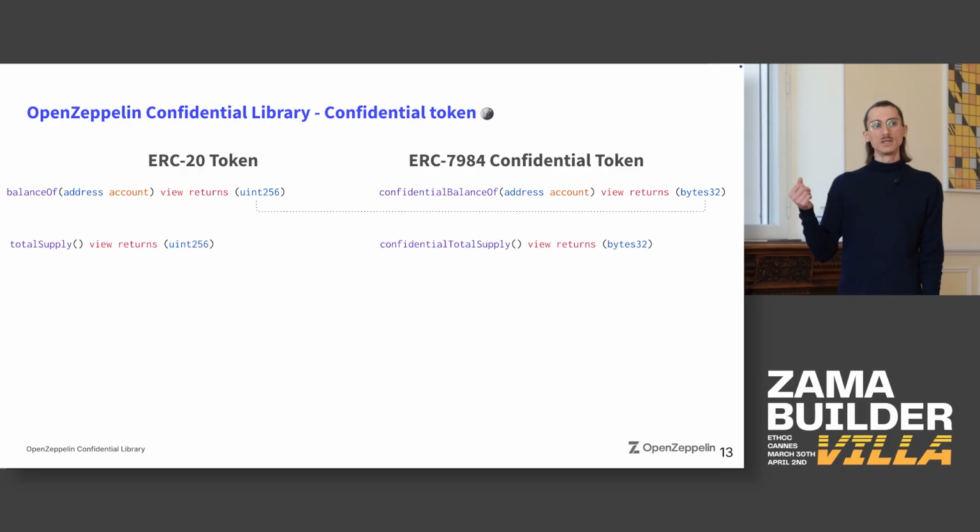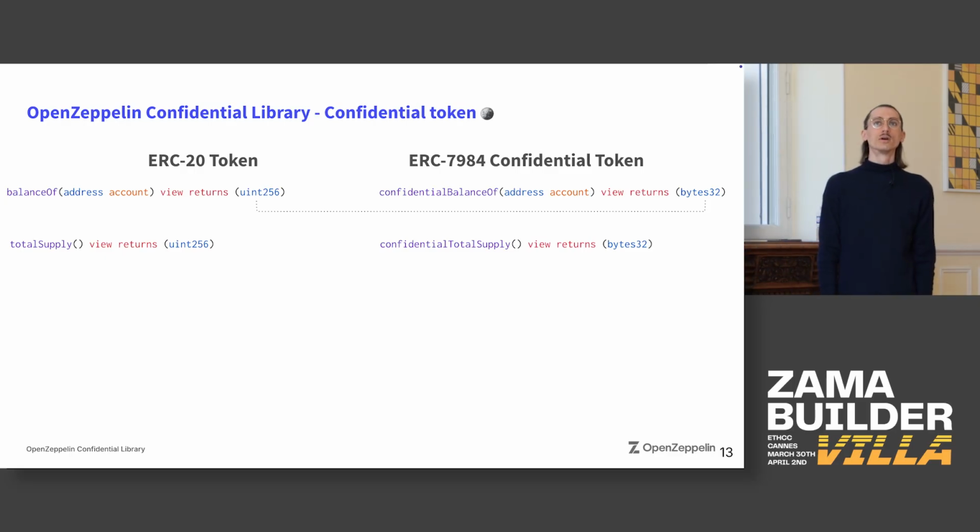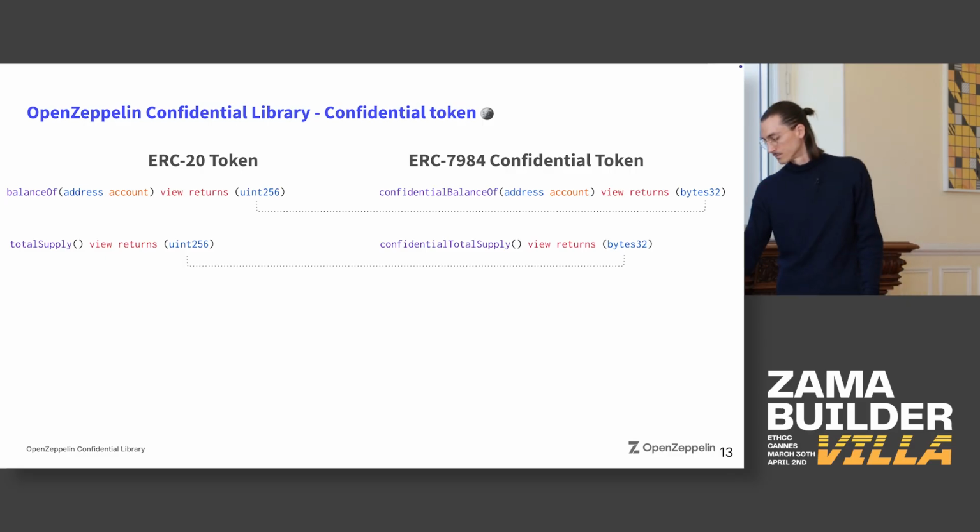Instead, what is returned is an encrypted handle, the ciphertext, which is returned to the user. In the same way, if you want to know the confidential total supply of a confidential token, you won't get any clear text value, but instead you will get a handle, which you will have to decrypt off-chain.